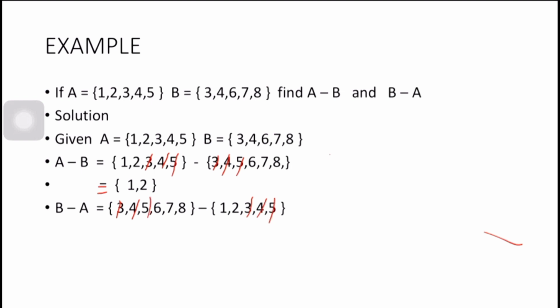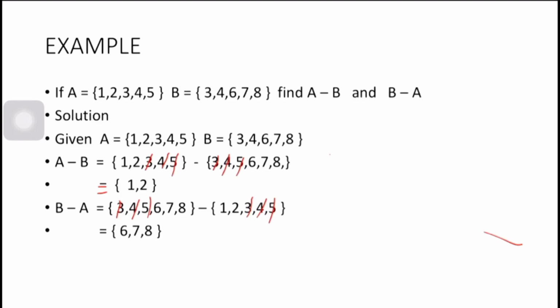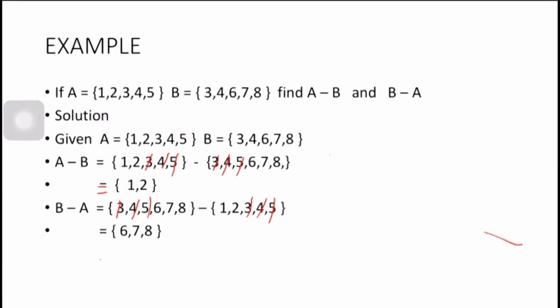Common elements are cancelled here, and write the remaining elements in the set B, which is the first set, that is 6, 7, 8. So here we conclude that A minus B is not equal to B minus A.